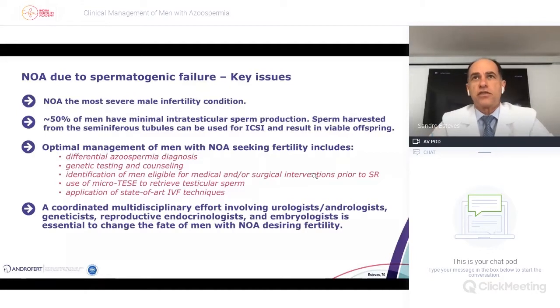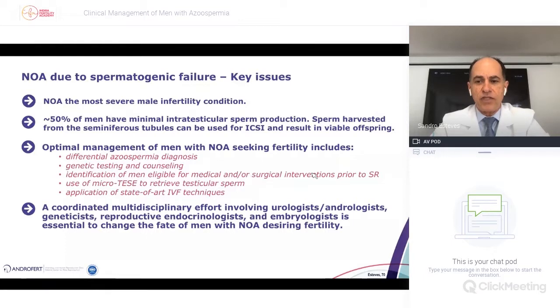So it's the nurses that will be actually helping these patients with the hormonal modulation, taking the medication, etc. So it's essential that this coordinated multidisciplinary effort could make a difference and change the fate of men with non-obstructive azoospermia desiring fertility.